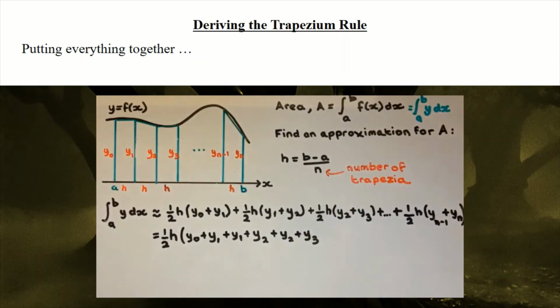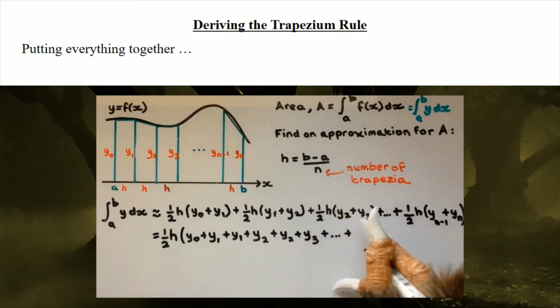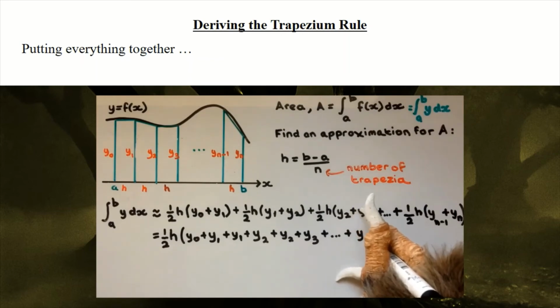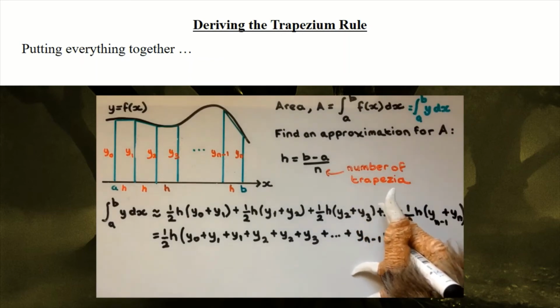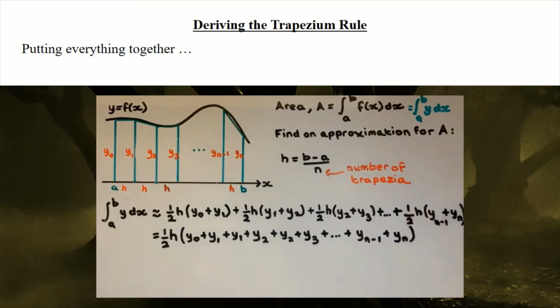Okay, and then plus the rest, plus yn minus 1 plus yn. Okay, let's have a look at what's going on here. Well, we have a single y0 at the front inside our bracket, and if you'll notice, we have pairs.